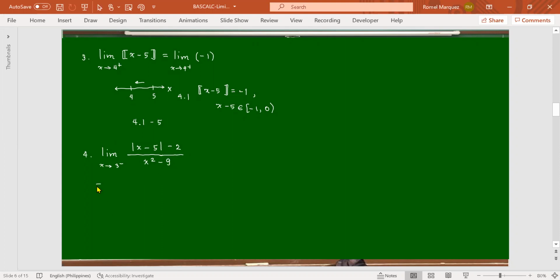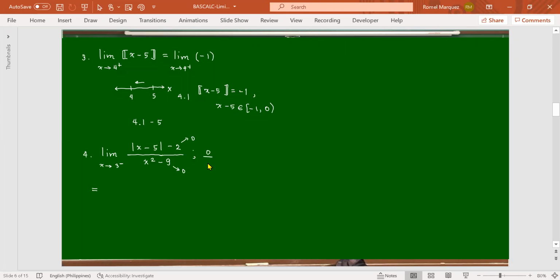Again, that is quotient, guys. So don't be excited. So do not apply substitution technique immediately. Check the limit of the denominator. 0. Limit of the numerator, kahit yan from the left, is still, this is 2. Remember, this is 2, no? Okay, guys? Yes po. Minus 2. 0 pa rin. 0 pa rin.